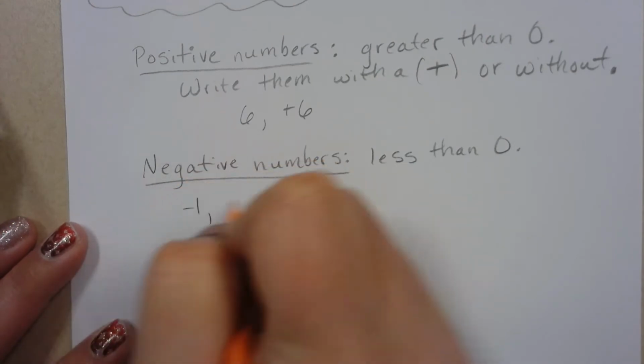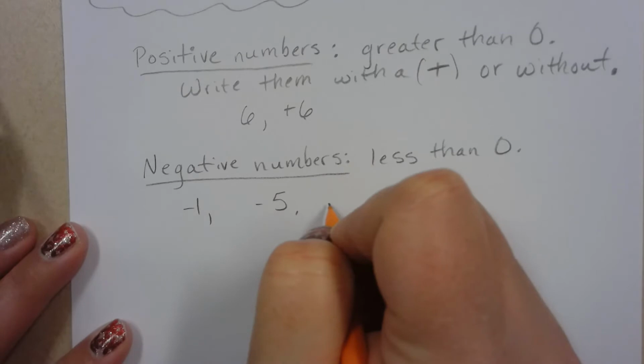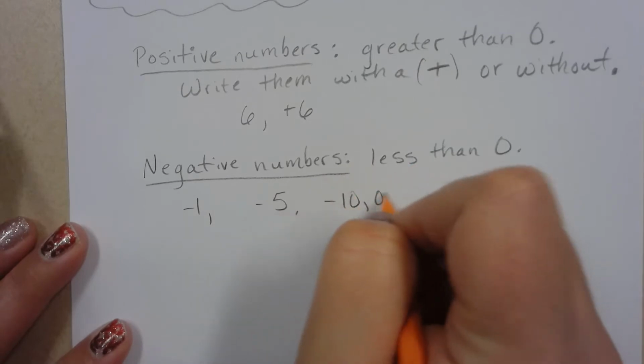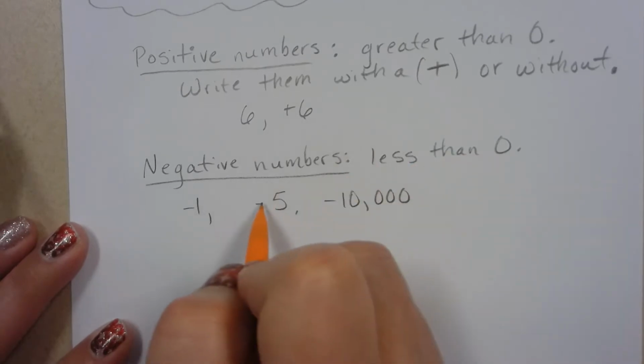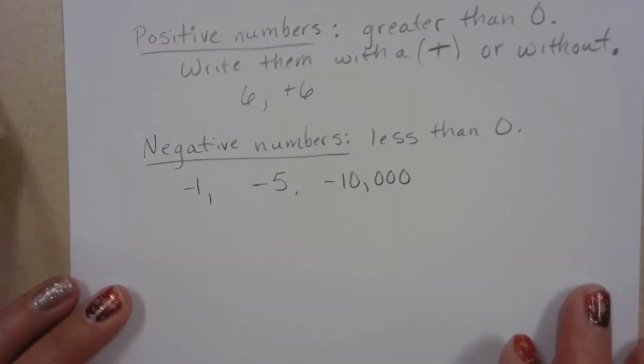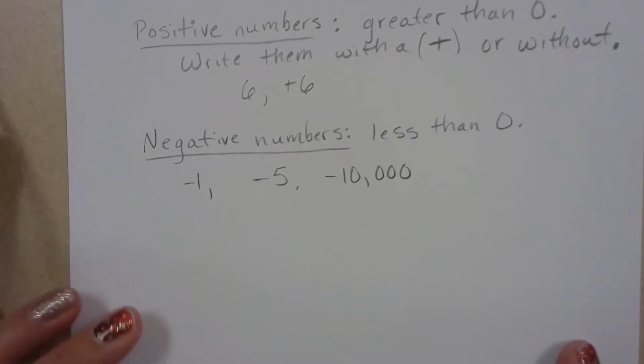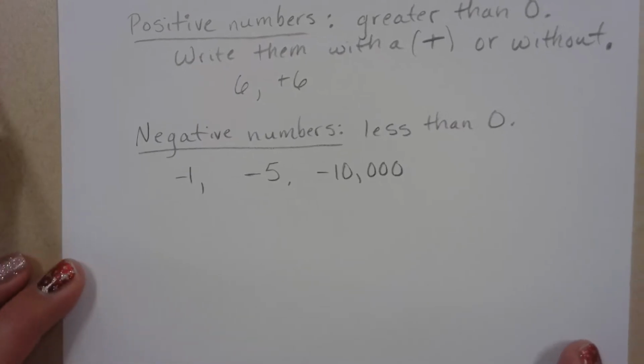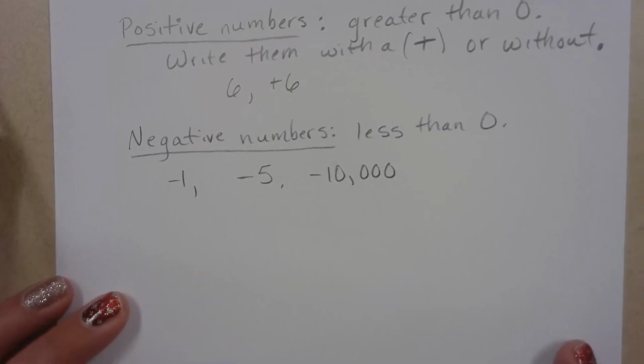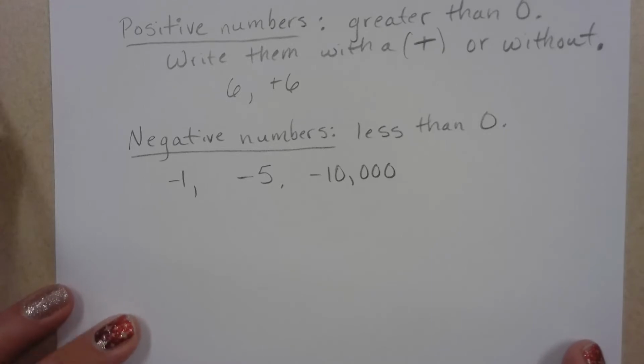So -1, -5, -10,000. Notice we have to use the negative sign. And just to note on your calculator, the subtraction symbol and the negative sign are not the same on a calculator, especially the ones that we are using in class.